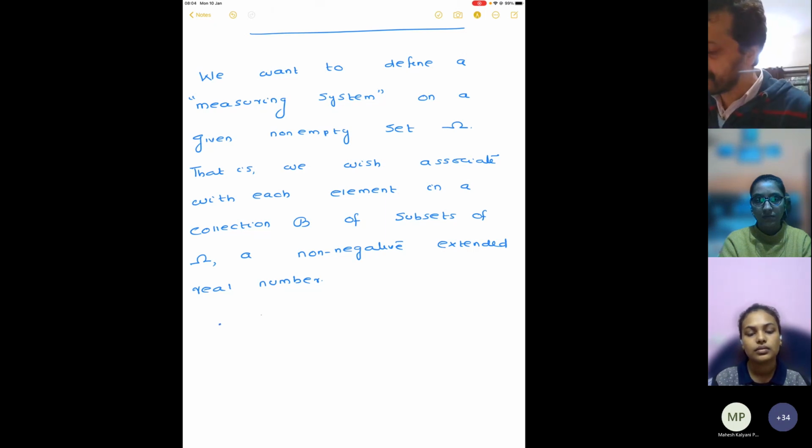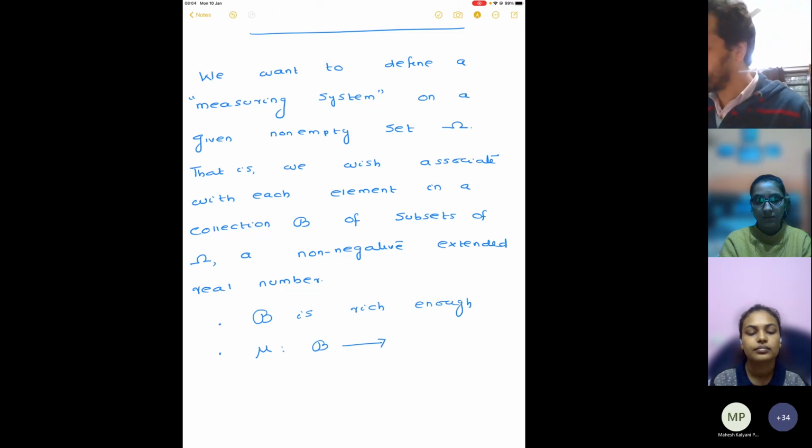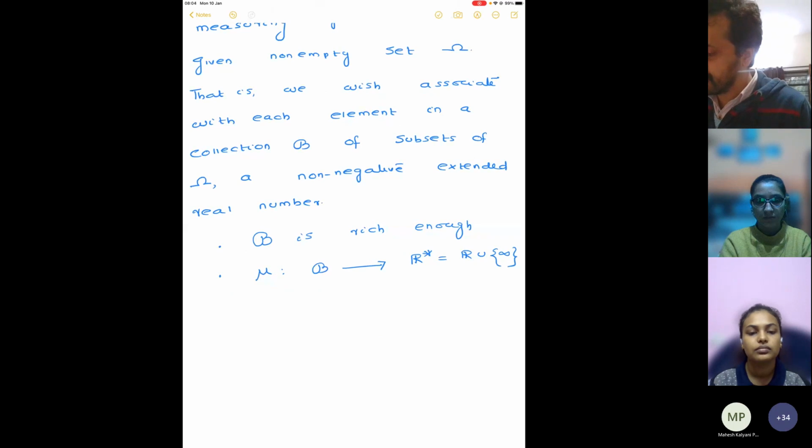And this B should be rich enough, and mu from B to R star, which is R union infinity, should satisfy certain axioms.